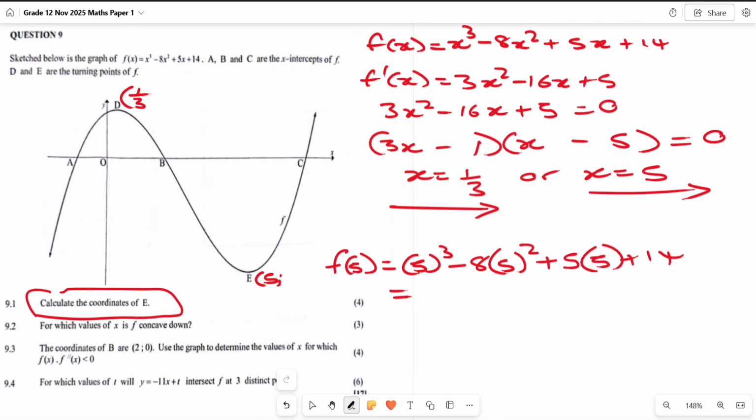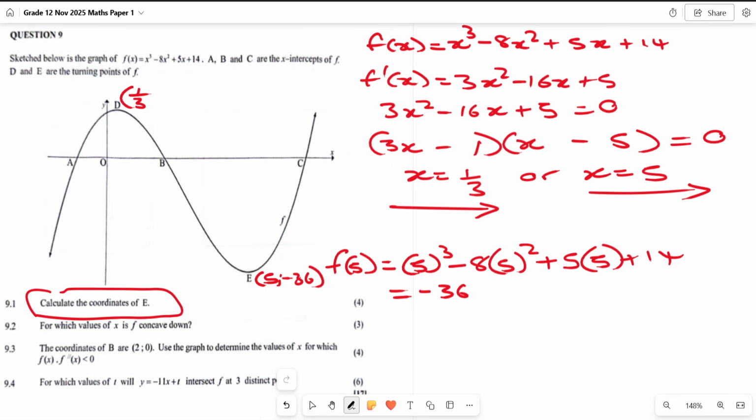Now, real quickly, let's just find out what that is equal to. My answer that I'm getting is minus 36. So that means that when x is 5, y is minus 36. So that is how we're going to get that minus 36 over there.